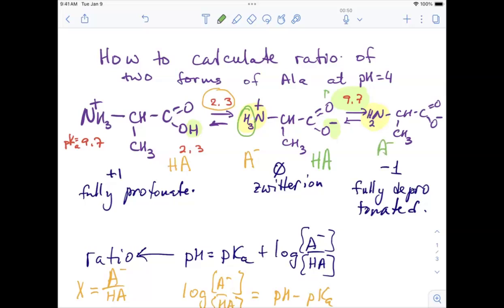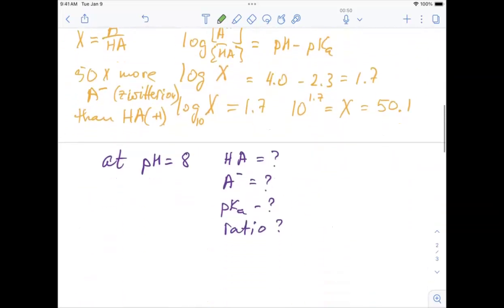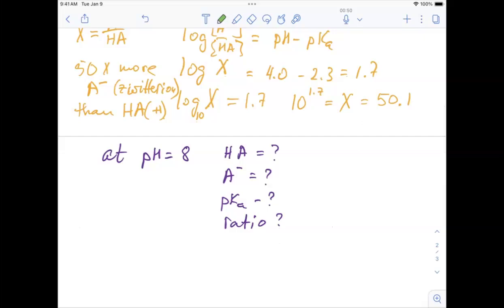The pKa we're working with is 9.7. So HA is going to be the Zwitter ion, or net charge of 0. A minus is going to be net charge of -1, fully deprotonated. All protons are gone.